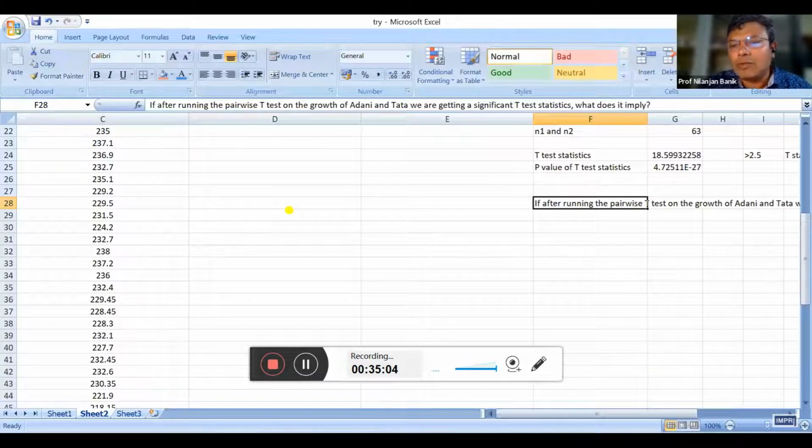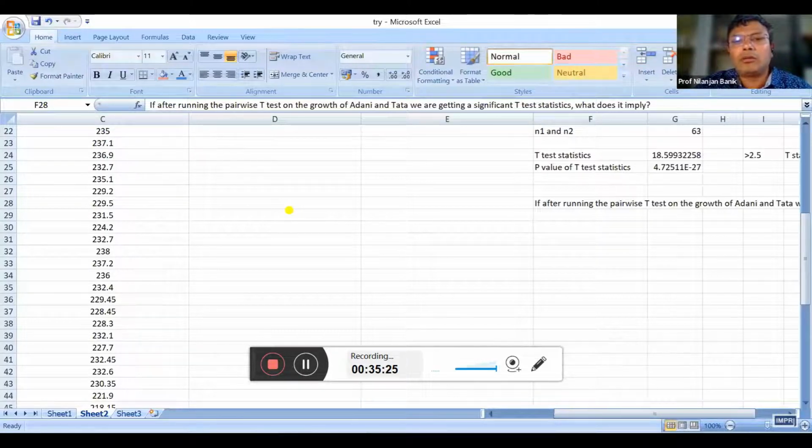Anyway, I will come to that, but before that, let me ask you this question, and I've now opened this for everyone. What do you think? So Purnur is saying it implies that the difference that we come across is statistically significant, not by chance.